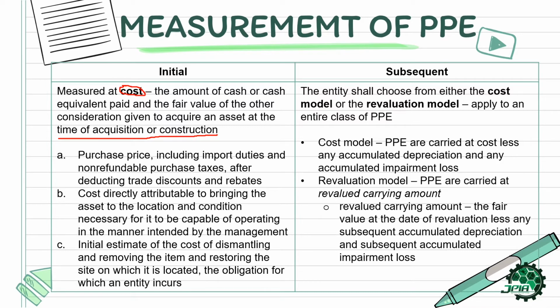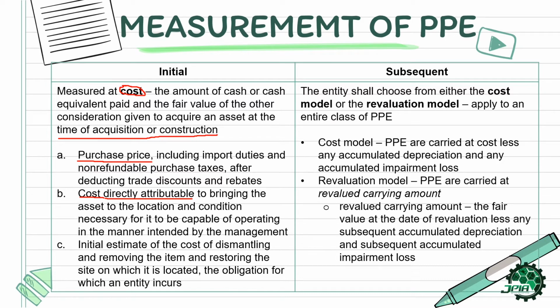Cost includes purchase price, just remember this, purchase price and directly attributable costs. Directly attributable costs are those attributable to bringing the asset to the location and condition necessary for it to be capable of operating. So, transfer costs and assembly costs, these are them.